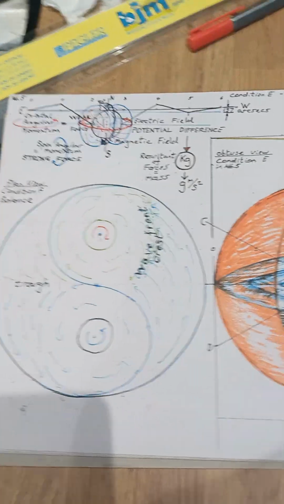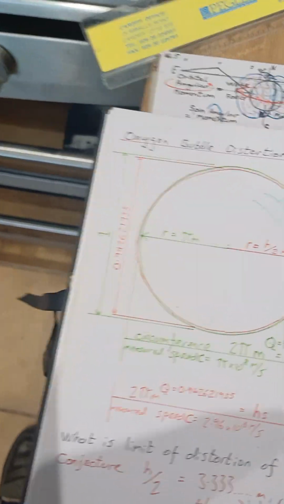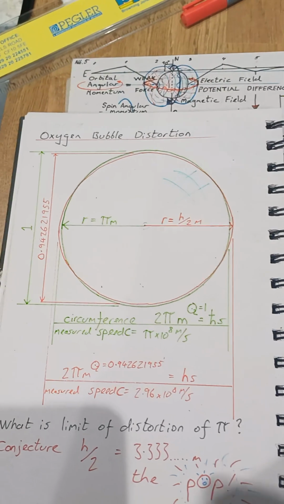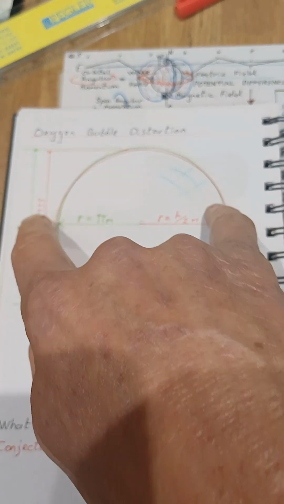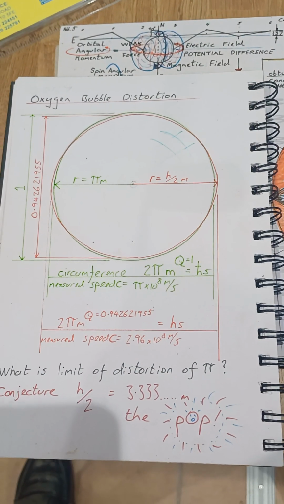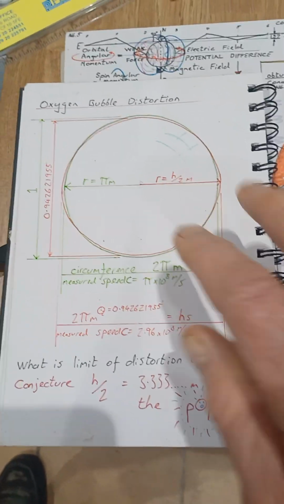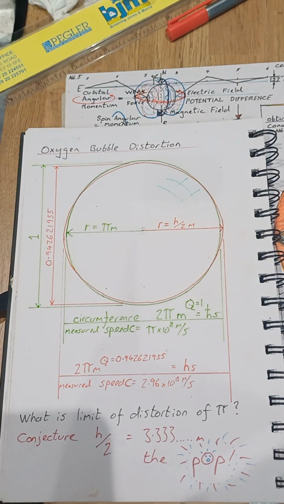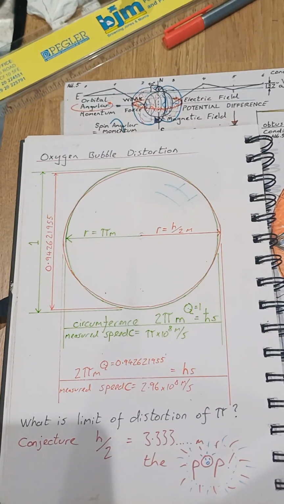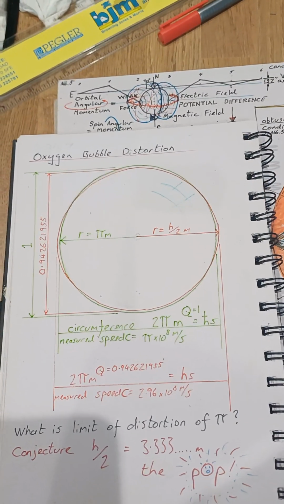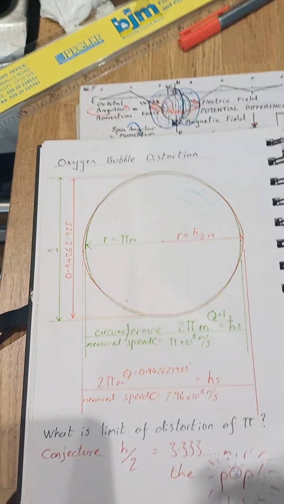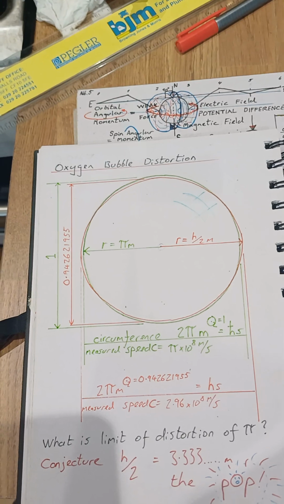Okay, now as a final thing, it might be worth looking at what I drew previously, why this is important. I'm suggesting that what's wrong at the moment is that the oxygen bubble distortion, the energy of oxygen, which is the energy matrix that holds everything together, this oxygen bubble shape, is distorted at the moment.